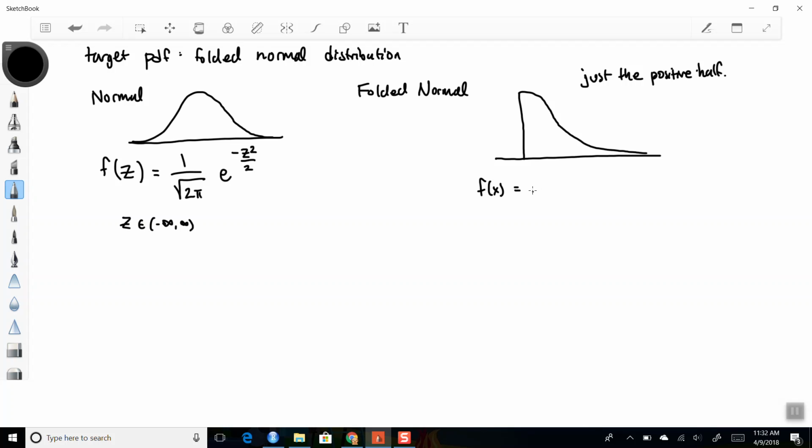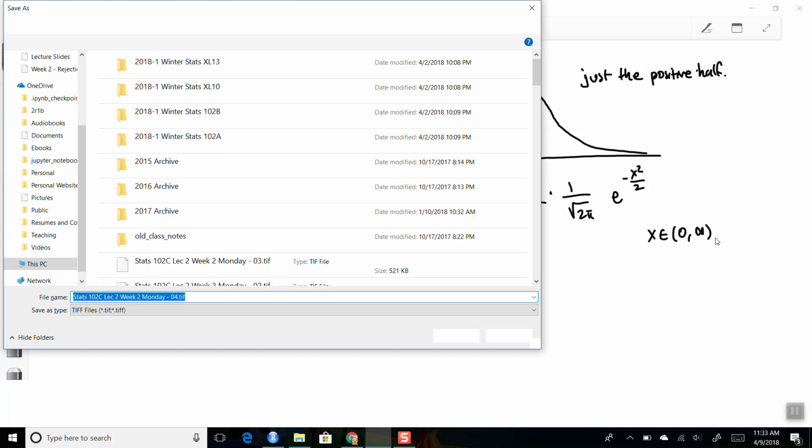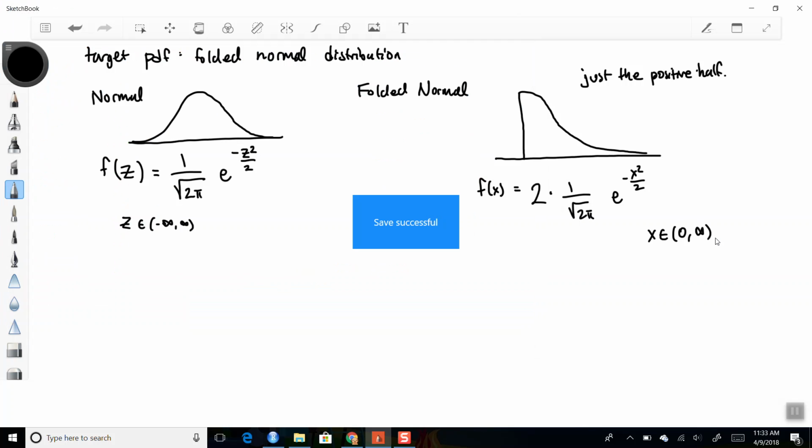So it's going to be 2 times 1 over root 2 pi times e to the negative x squared over 2. And in this case, x is on the interval from 0 to positive infinity. So that's what we have. Is that okay?